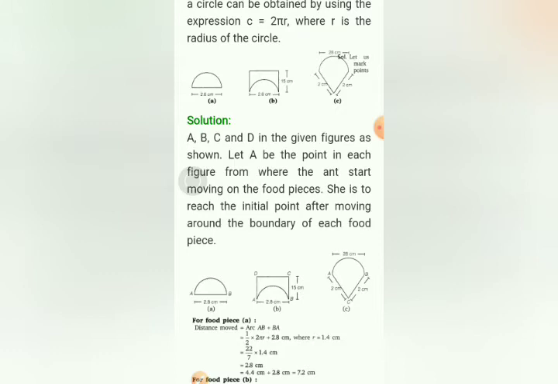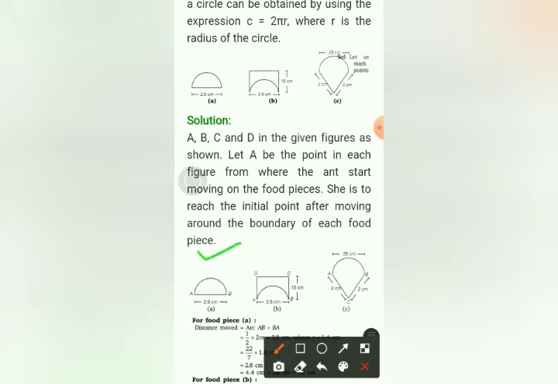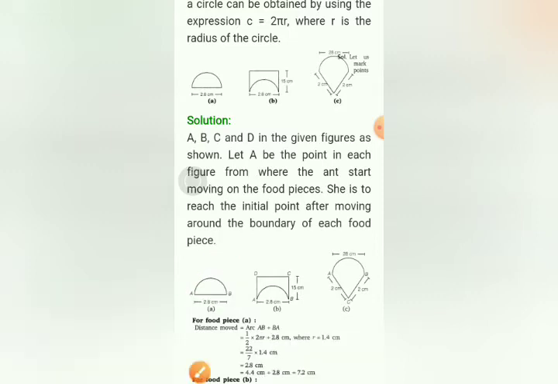If we take the example of the first figure, the ant will start moving from point A, travel to B, and then come again to A. So we have to find the total distance moved by the ant.